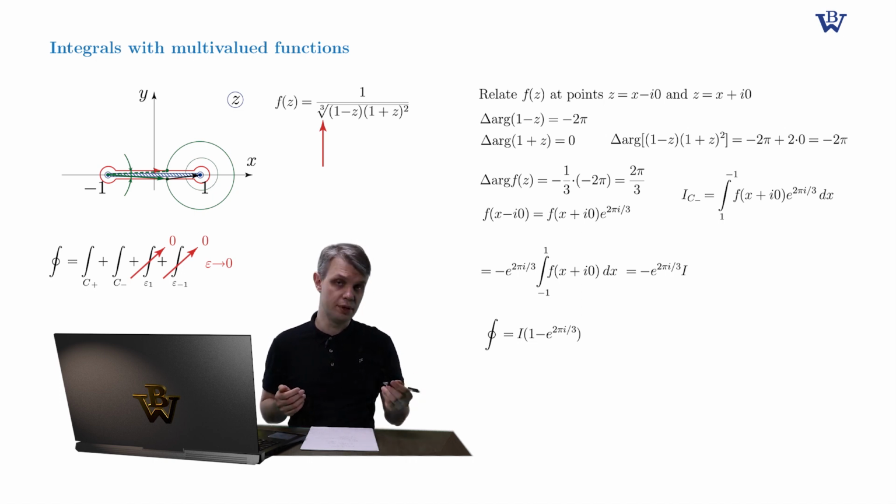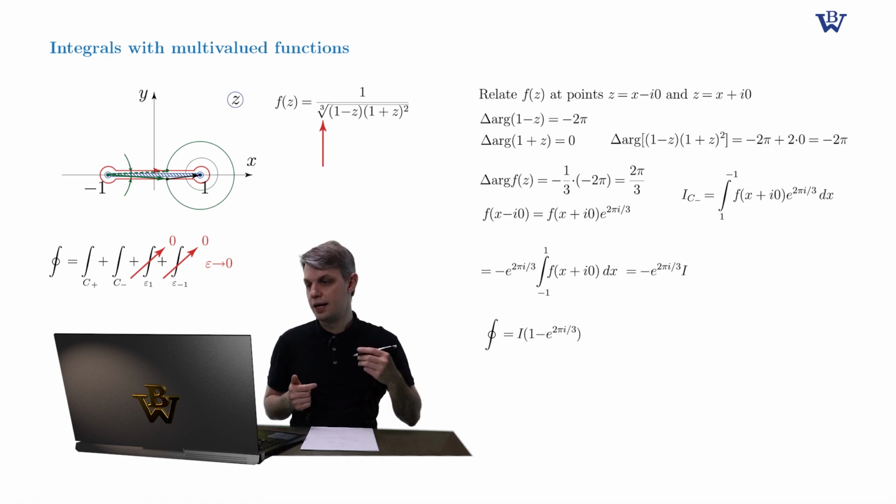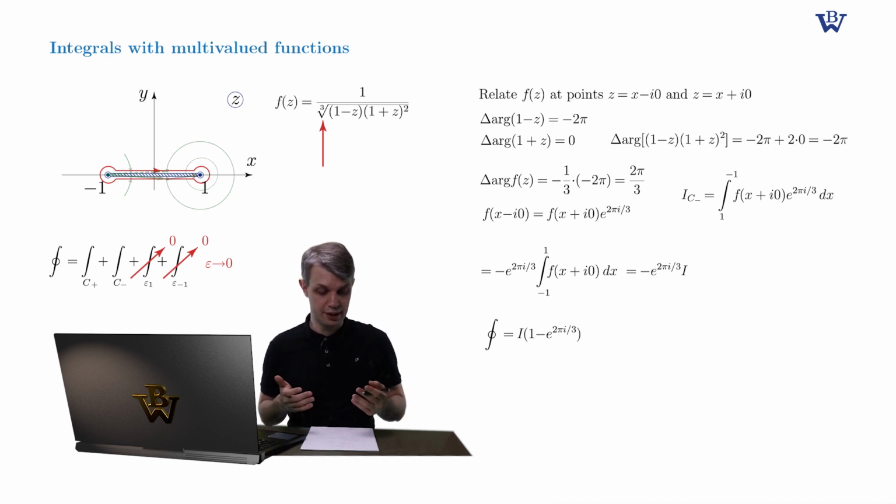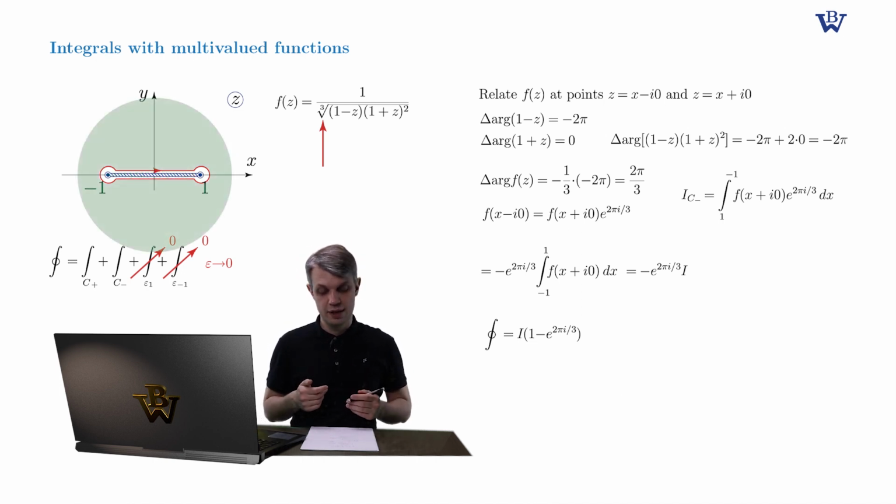And now we can employ the Cauchy residue theorem to compute the closed contour integral. As we remember, the internal region inside the contour is the one which stays to the left as we go around the contour. Paradoxically, in this situation, the region which stays to the left is the outer complex plane.